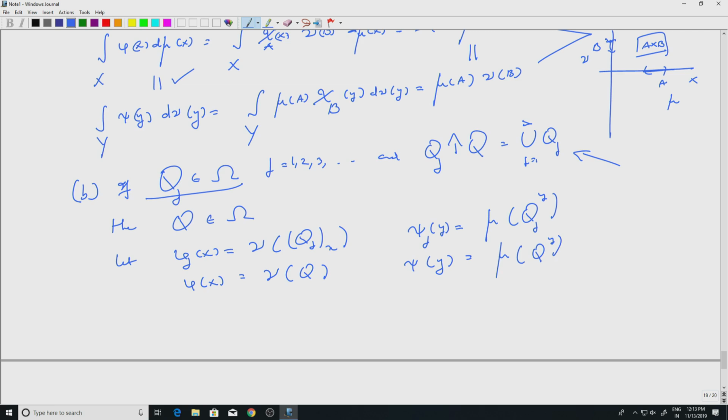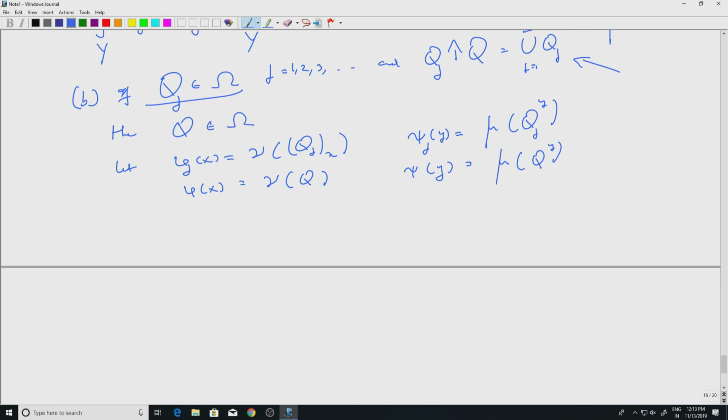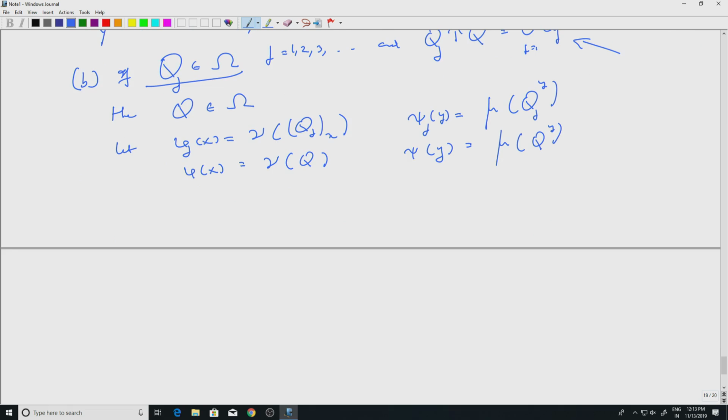Qj are increasing, right. So, let us look at the definition. Qj increases to Q. So, then Qj sub x, the section, will increase to the corresponding section Q sub x. So, if I look at nu of Qj sub x, that will of course increase to nu of Q sub x.